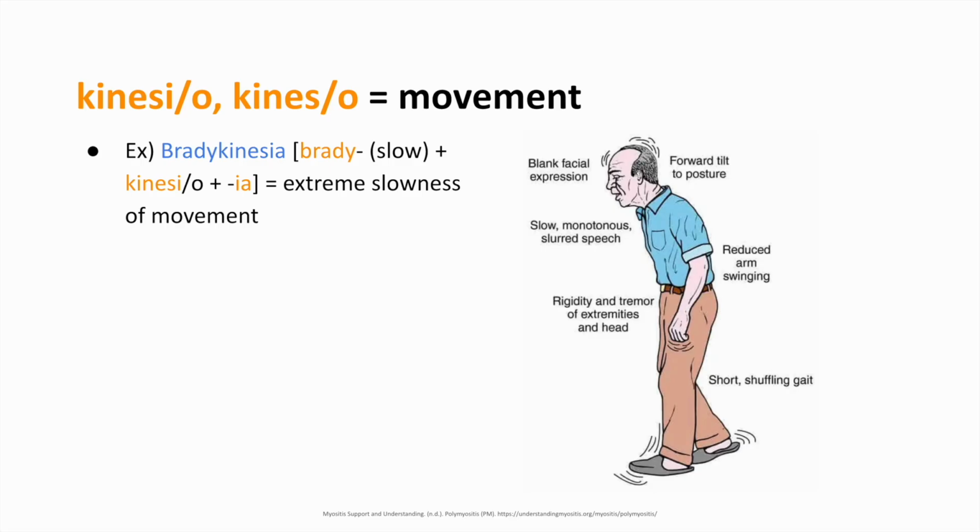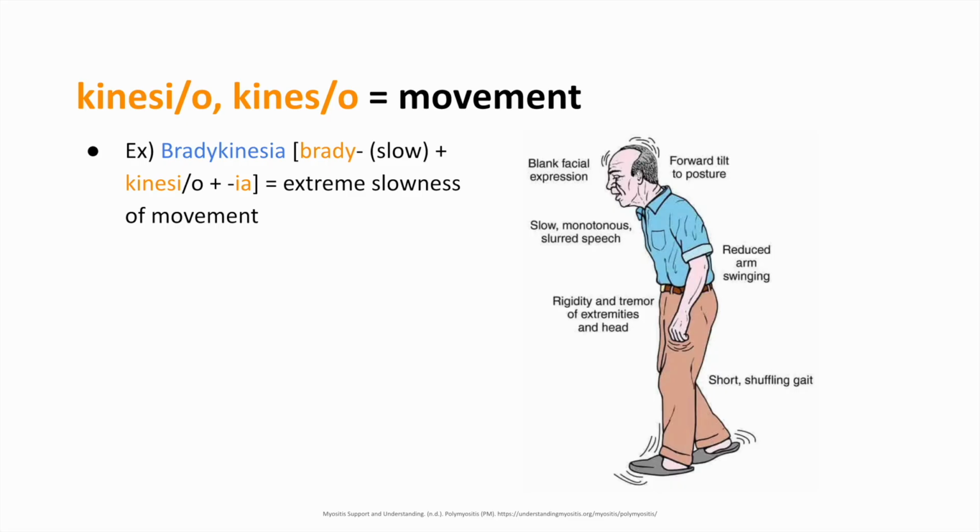Kinesio and the suffix ia. I actually forgot to add it here, but it's a noun ending. So bradykinesia is extreme slowness of movement. It's kind of vague how it is defined, but basically, you know how old people kind of tremble a lot and are slow to respond and things like that.